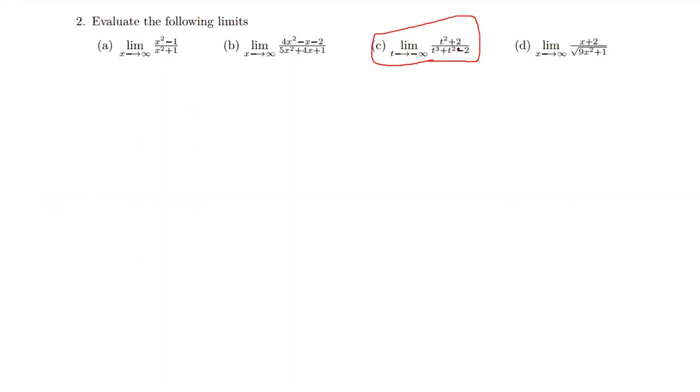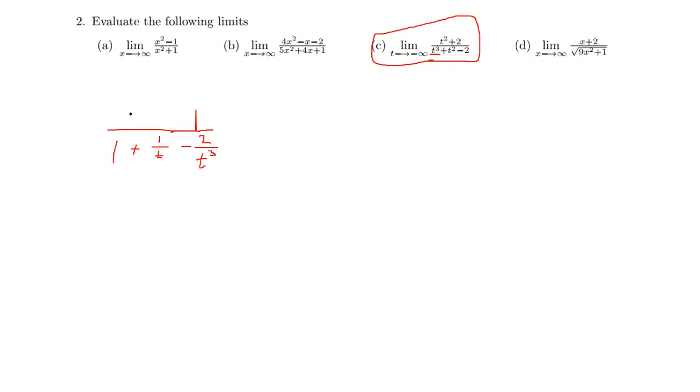It's also giving undefined as the answer, because when you divide this x to the power 3 by x to the power 3, you're going to have 1. When you divide this t squared by t cubed, you are going to have 1 over t. And then when you divide that side, you're going to have 2 over t cubed.